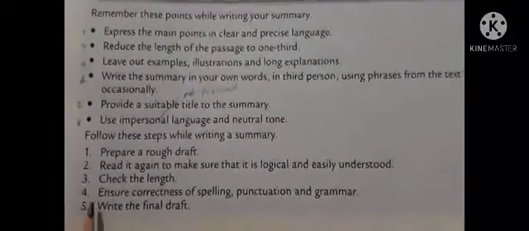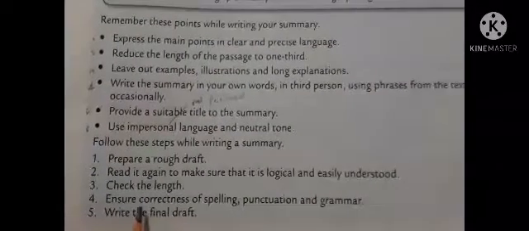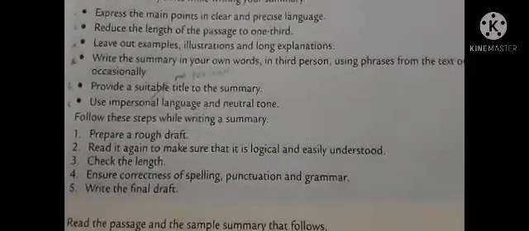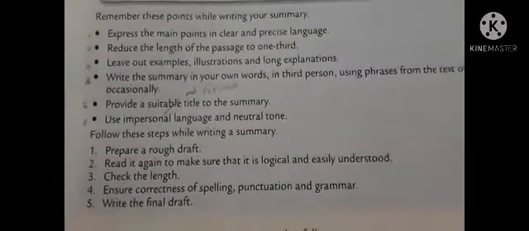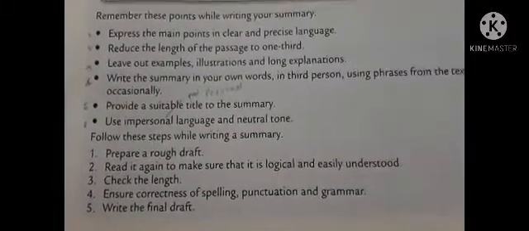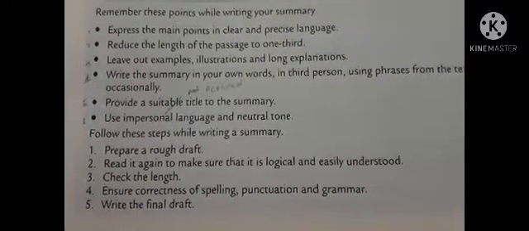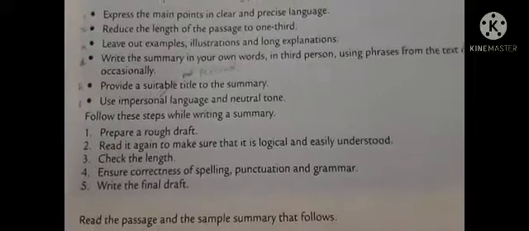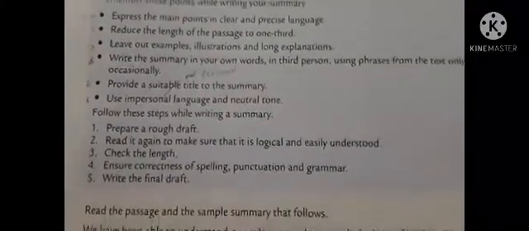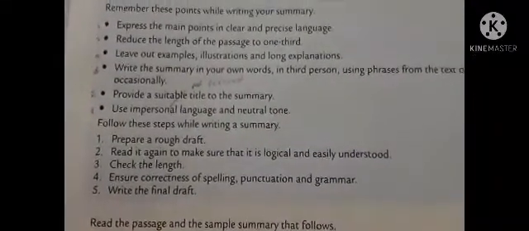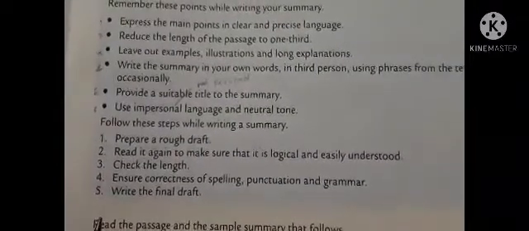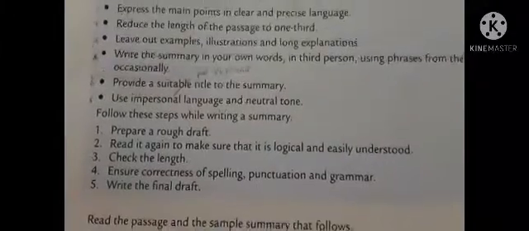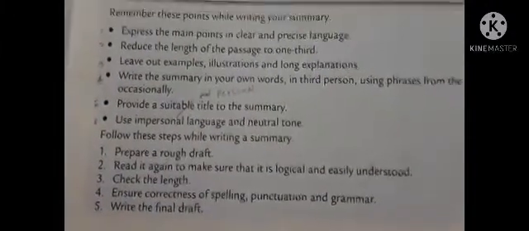And the fourth step is we have to make sure of correctness of spelling and grammar. And we have to also be sure whether the spellings are correct, punctuations are correct or the grammatical mistakes are there, we have to see that as well. And eventually we have to write the final draft.